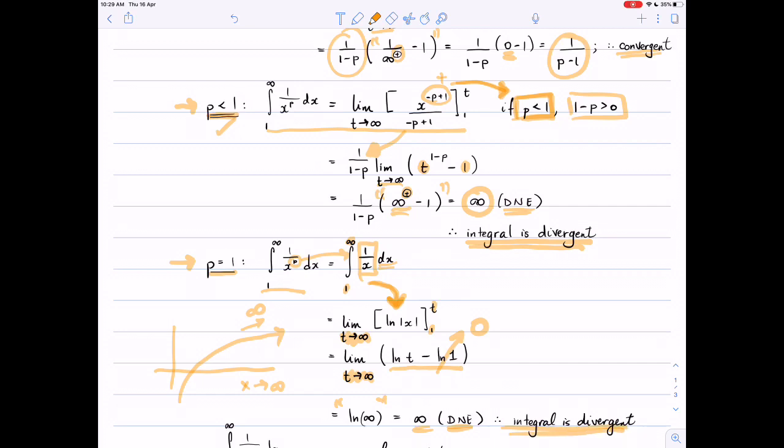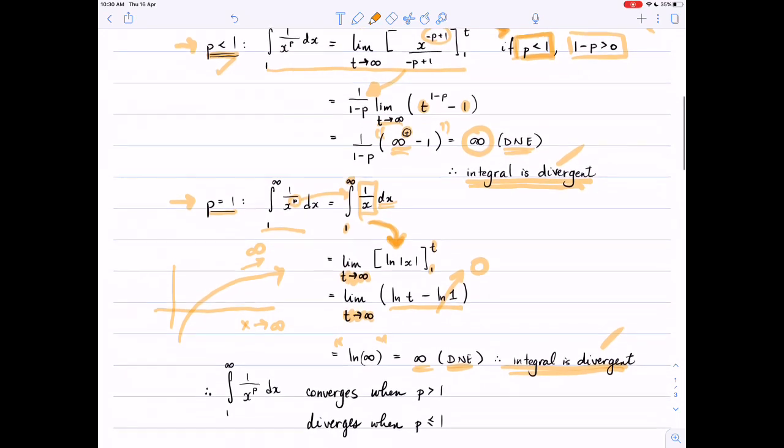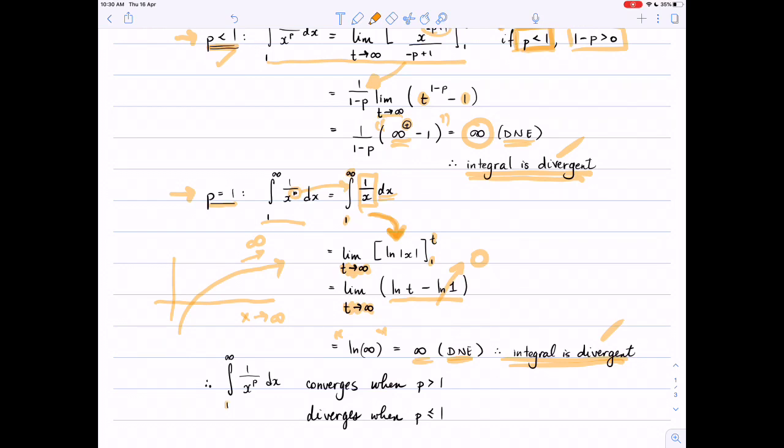So we had divergent here, convergent there. Put those all together, and the integral from 1 to infinity of 1 over x to the p dx converges when p is greater than 1, and diverges in the other two cases, which can be combined into p less than or equal to 1.